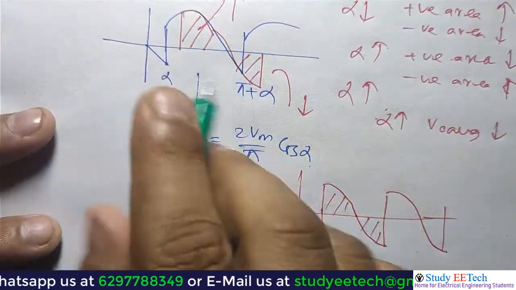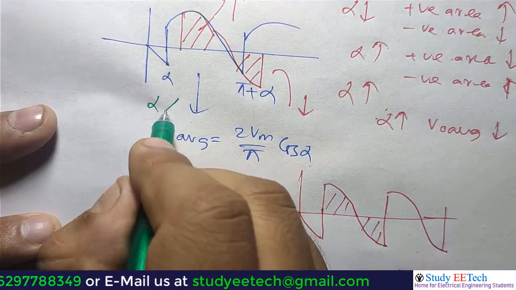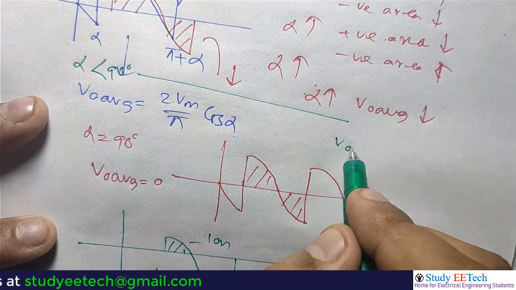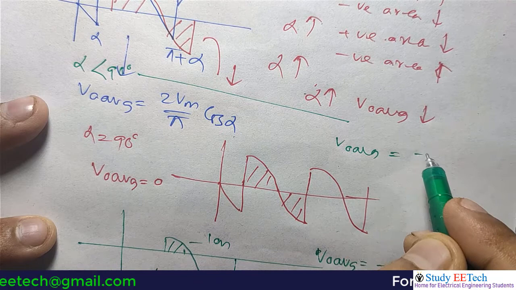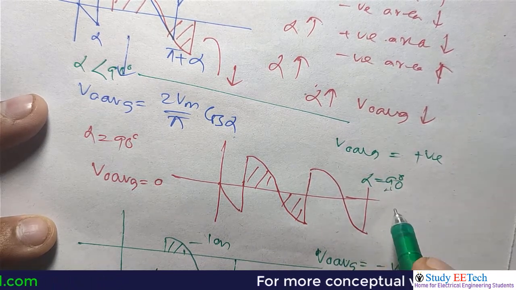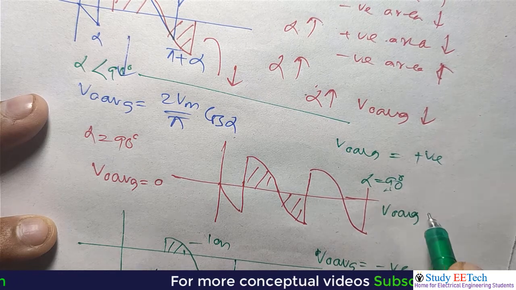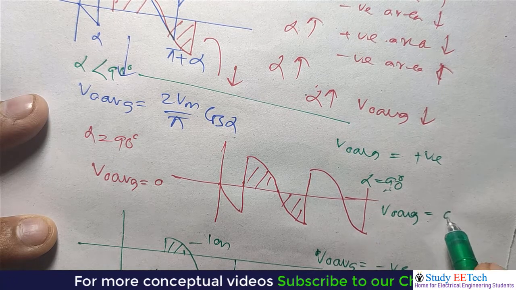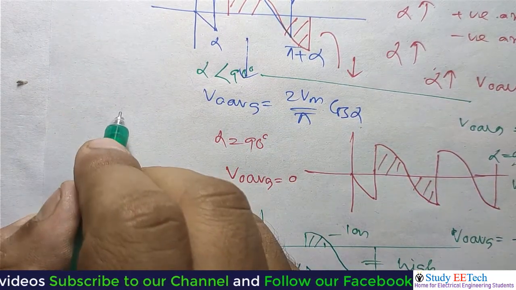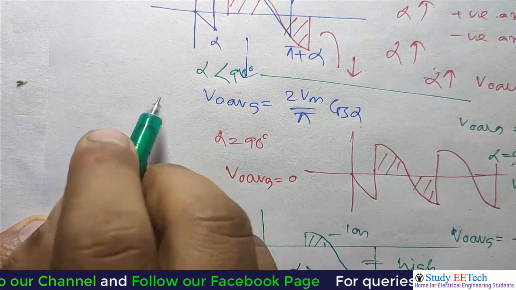And in case of this one, when the alpha is less than 90 degree, we will get VO average equal to positive, and alpha equal to 90 degree, VO average equal to 0, right? So basically by varying alpha, we can vary the VO average.